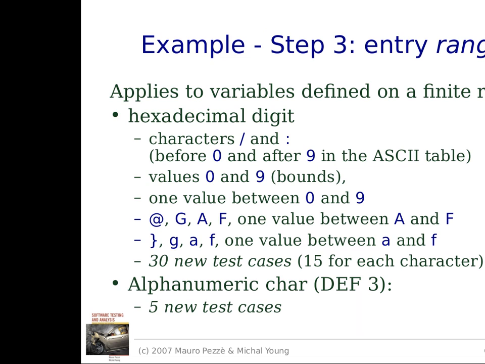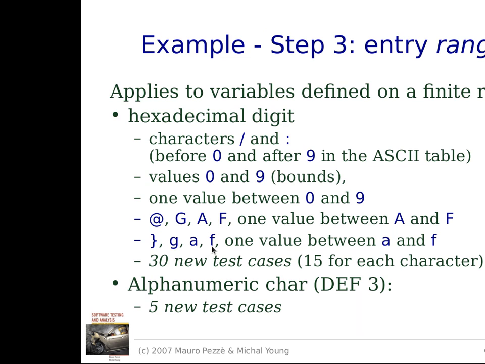All right, entry range. I'll try and explain this one. Applies to the variables defined in a finite range. For example, hexadecimal digits, you need to test for a slash and a colon. Why? Well, they're before 0 and after 9 in the ASCII table, so that's lower and upper bound test cases. Don't forget to put one between 0 and 9, so that's 3 test cases. At, G, A, and F, so those are the bounds, or one value between A and F, so those are the bounds for uppercase, so that's another 5.